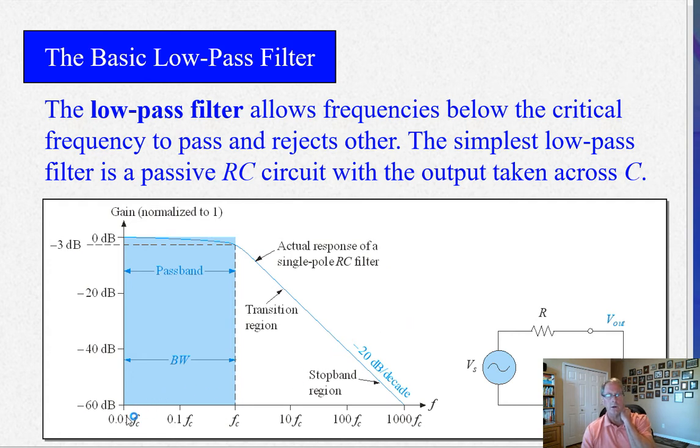Also along here, we're showing frequency in decades. So here is 0.01 FC, 0.1 FC, FC, and then 10, 100 and 1,000 FC. So this is a Bode plot. Perhaps you remember that. It's a logarithmic graph, and the reason we do that is because we're able to show wider frequency ranges in a smaller compressed space on graph paper.